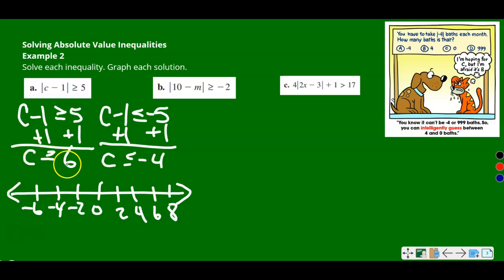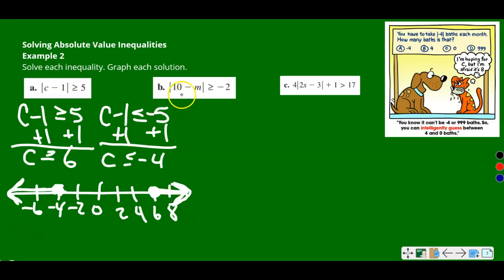I'm going to have a closed circle at positive 6. I want greater than or equal to 6, and I'm going to have less than or equal to negative 4, so I'm going to have a closed circle here, less than or equal to. This one is greater than 6.